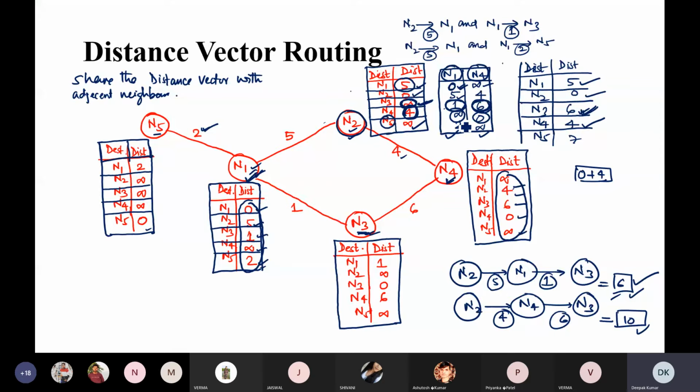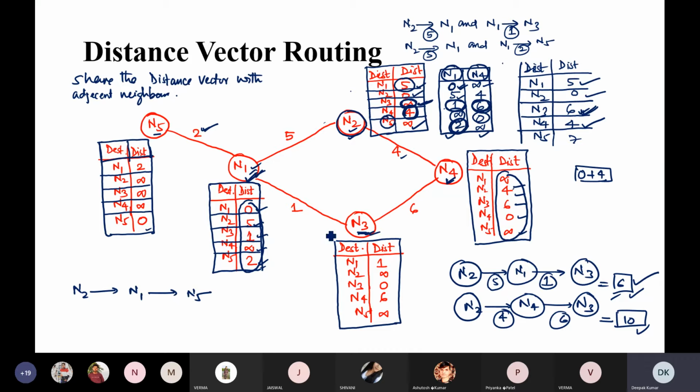Here in the table of N1 you can see 2 cost is given, meaning N1 is saying that I can take you to the node N5 but with the cost of 2. So N2 will go first to N1 and then it will go to N5. So what will be the total cost? N2 to N1 and then again N5.